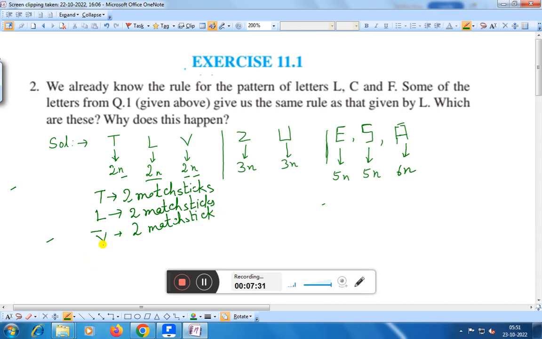From here we can conclude the answer to the question, which are these? These are T and V, right?